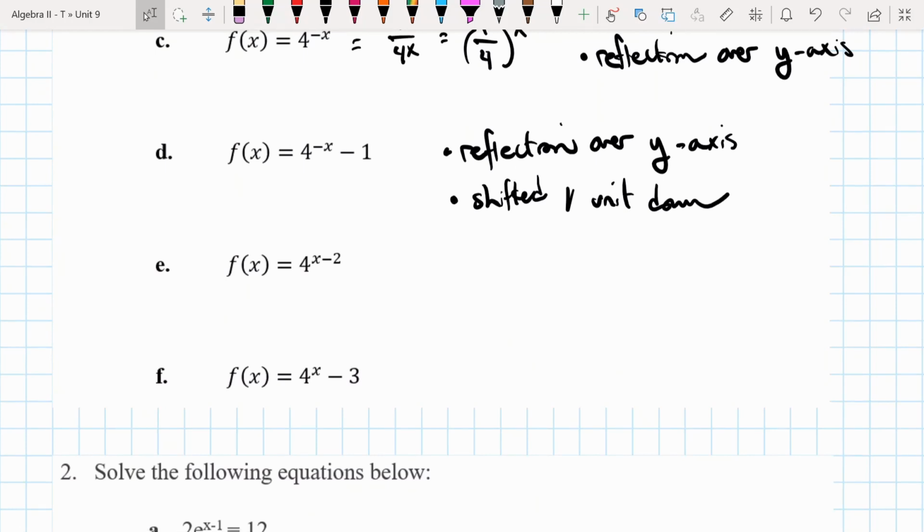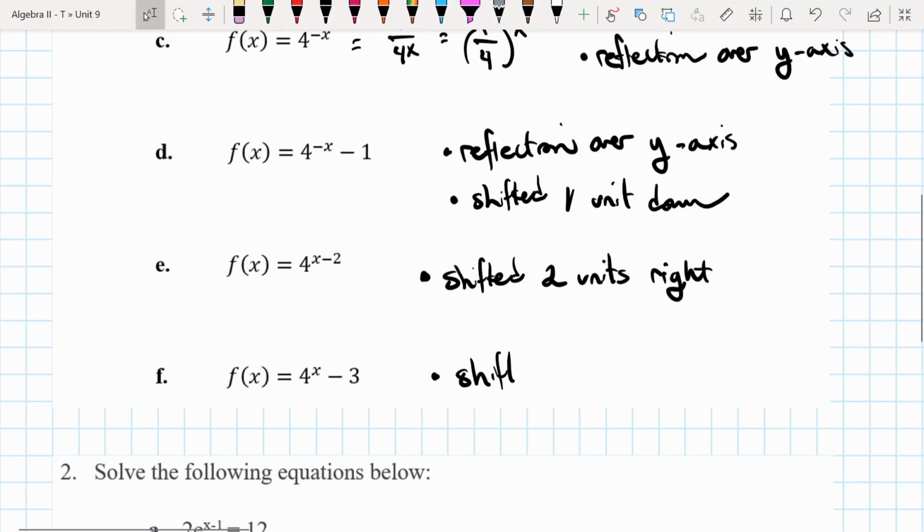So this is shifted 2 units, not left, but right. And this is shifted 3 units up. Okay. So those are transformations with exponential functions.